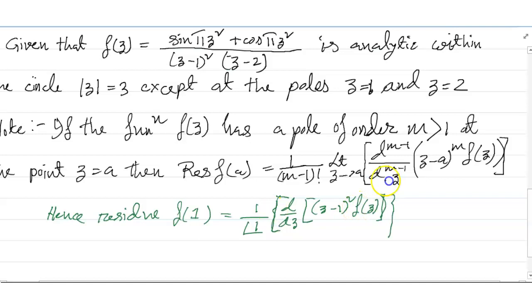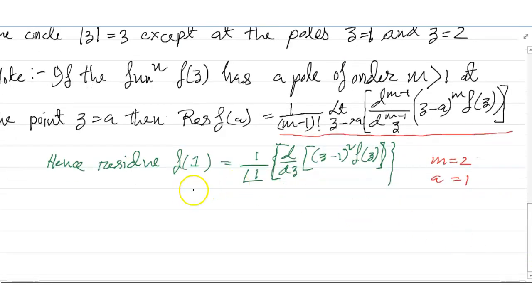So friends, this is the formula I apply. The formula is 1/(m-1)! limit z tends to a of d^(m-1)/dz^(m-1) of (z - a)^m f(z). So friends, here m is equal to 2 and a is equal to 1. I hope it is clear for everyone.